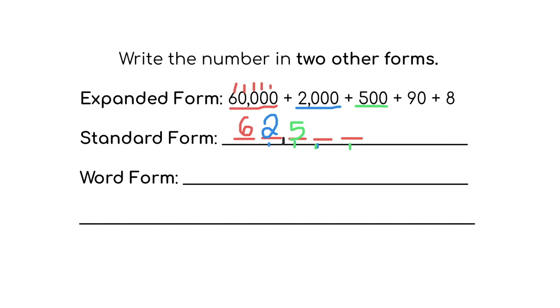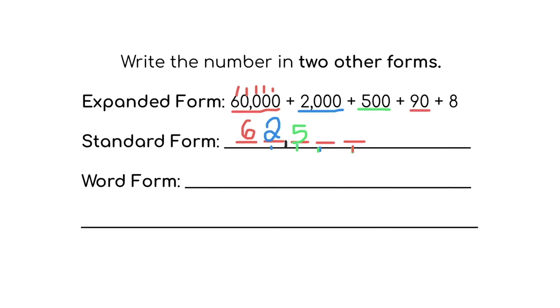I have a 9 in the tens place. Ones, tens. So the 9 goes there. And I have an 8 in the ones place. So it will go there. So I have 62,598. I can write it neatly. 6, 2, comma, 5, 9, 8.